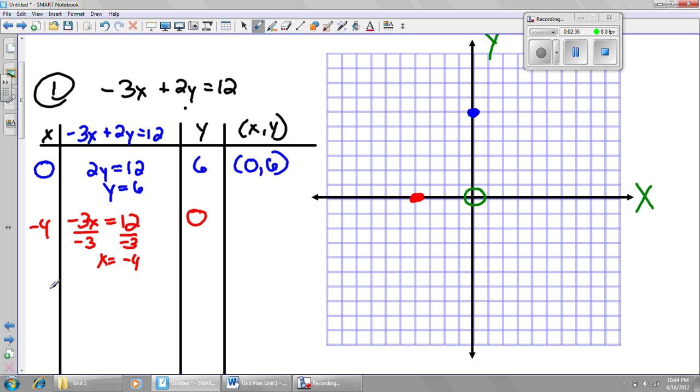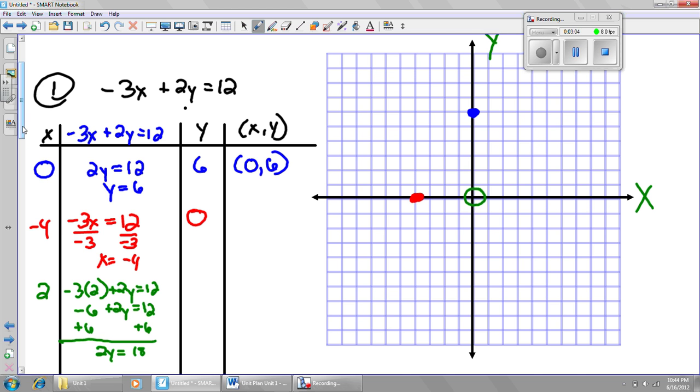So I'm going to let x be 2. And when I plug 2 in, I'm going to get negative 3 times 2 plus 2y, that's going to equal 12. So negative 6 plus 2y equals 12. I'll add 6 to each side. End up with 2y equals 18.